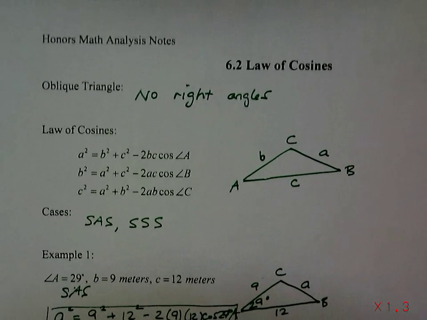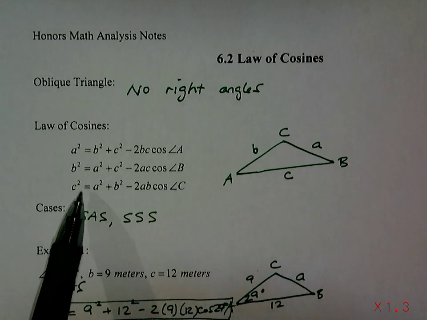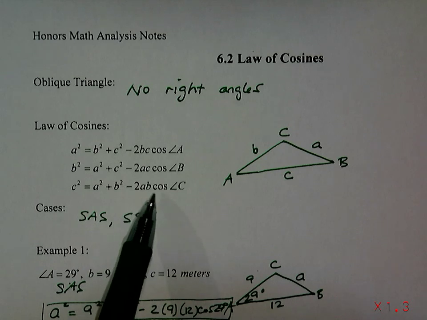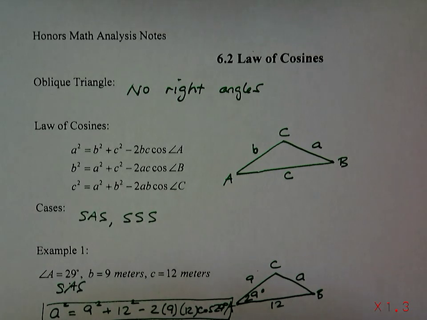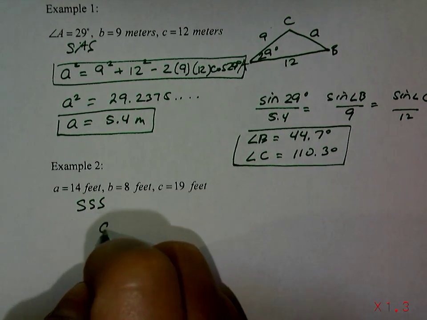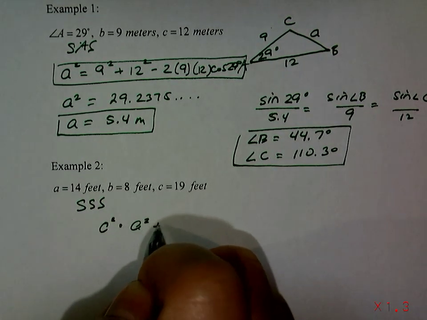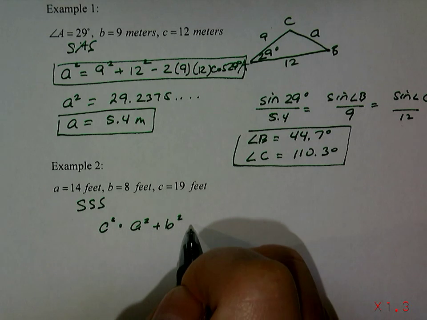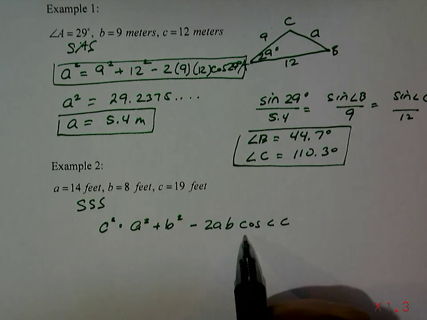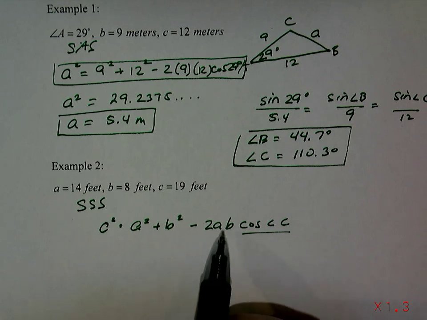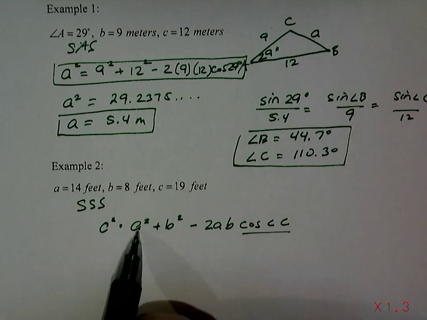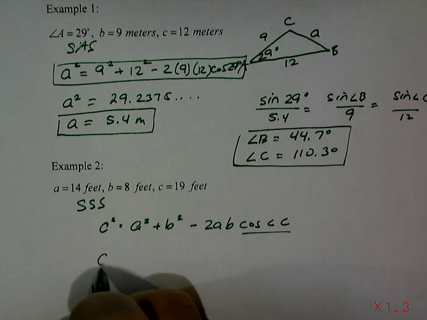So if I go back up here, I'm going to use this formula: C squared equals A squared plus B squared minus 2AB cosine of angle C, and I'm going to find angle C using that. Since I want to solve for this, I'm going to go ahead and rearrange this equation. I first have to take C squared, and I'm going to subtract A squared, and I'm going to subtract B squared.